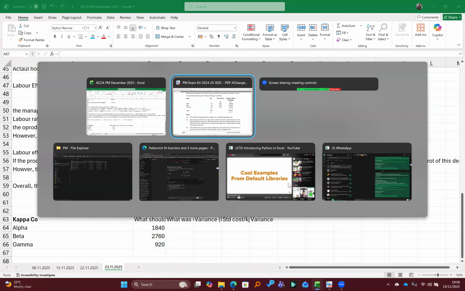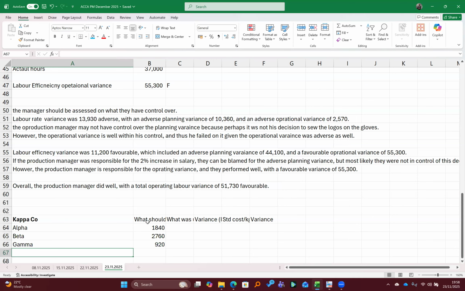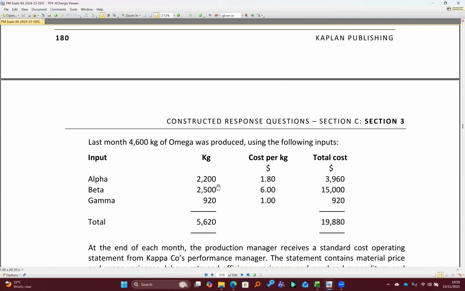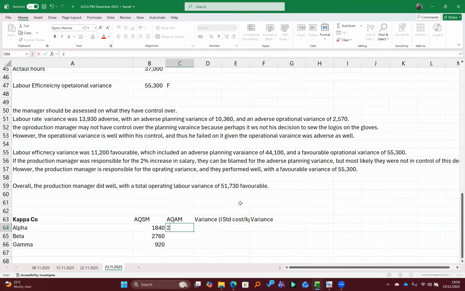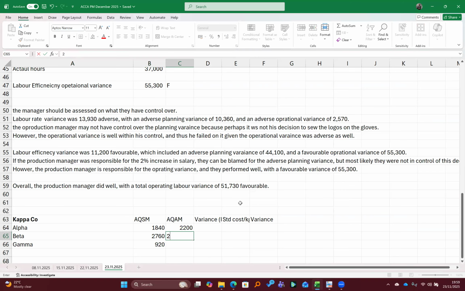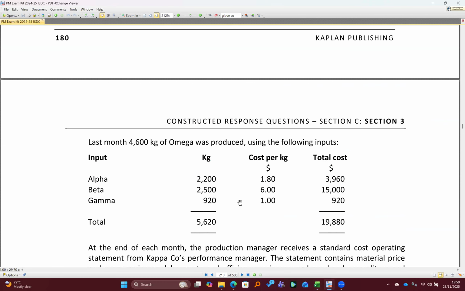So we can see that this is the actual quantity, but for standard mix. Then what was actually used is actual quantity, but actual mix. Those ones, you just pick from here: 2,200, 2,500, and 920.